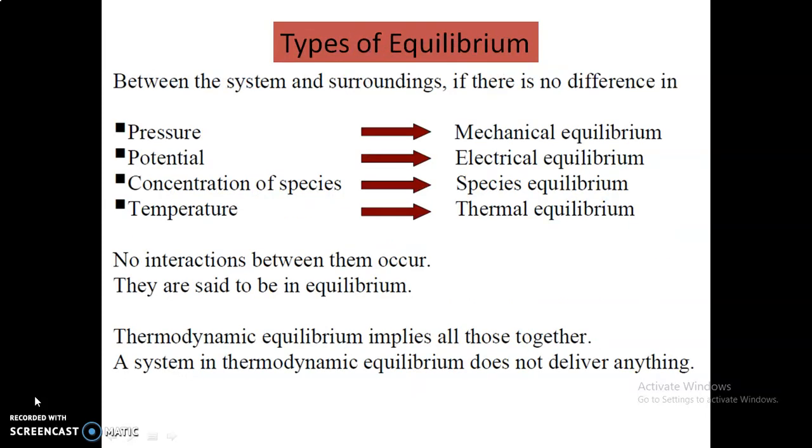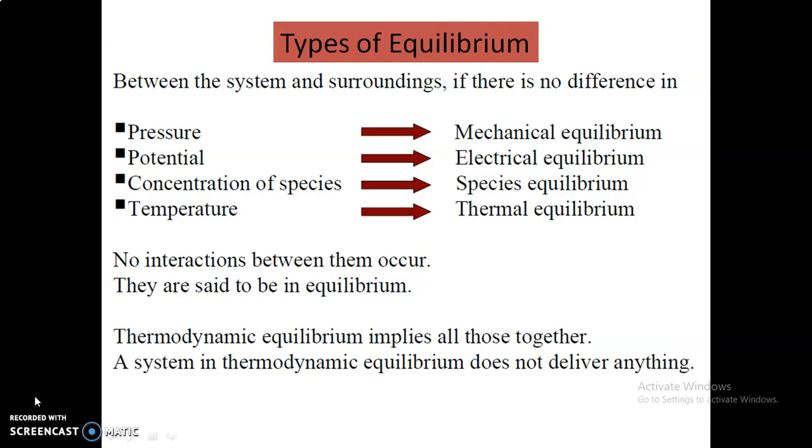I have explained the types of equilibrium. When the system is in thermal equilibrium, mechanical equilibrium and chemical equilibrium, then we say that the system is in equilibrium.